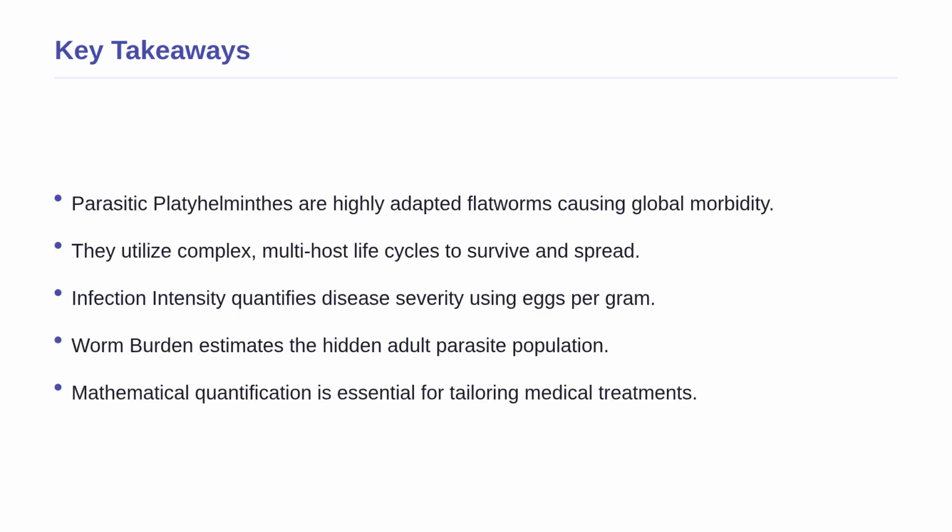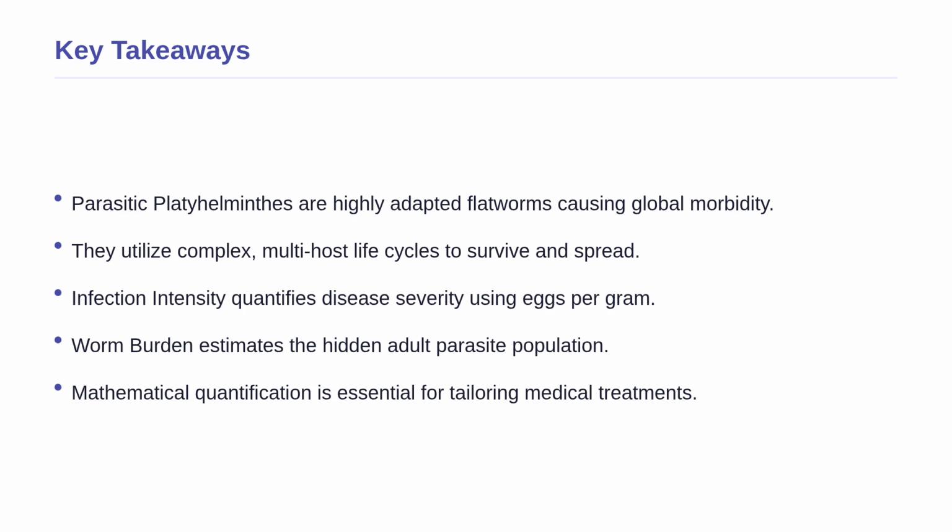To conclude our lecture, let us review the most important ideas. First, parasitic platyhelminthes are highly adapted, flattened worms that cause significant global morbidity through their complex, multi-host life cycles. Second, diagnosing these infections requires rigorous mathematical quantification. We use the infection intensity formula to measure disease severity based on eggs per gram of feces.